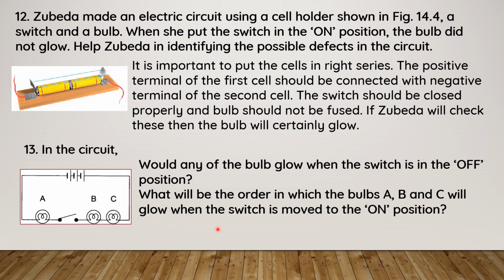When you put the switch on, the three bulbs glow at the same time. So you can write that answer also in your textbook. Some answers you can write in your notebook and some answers in your textbook. So do the things correctly. Okay children, all the best.